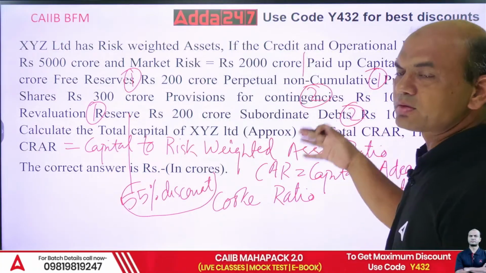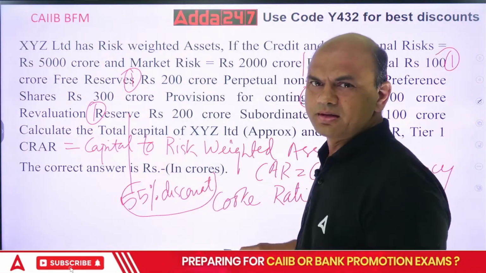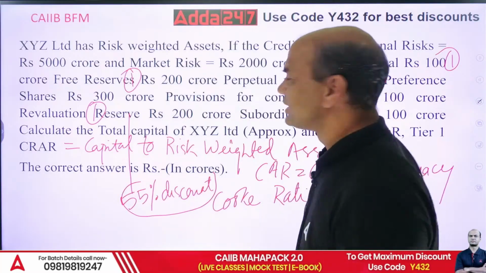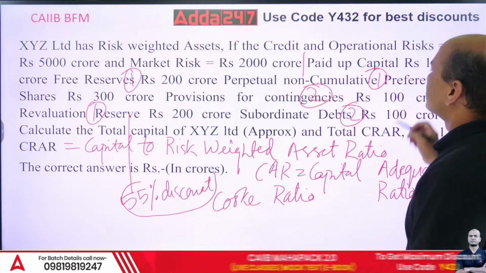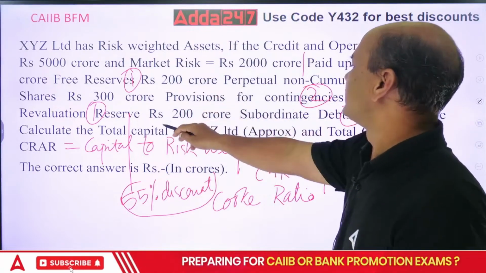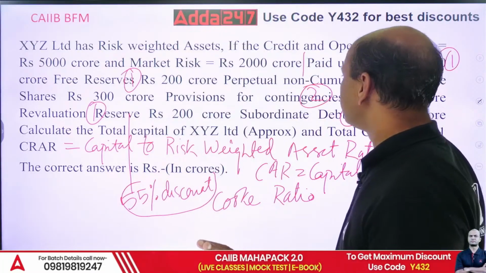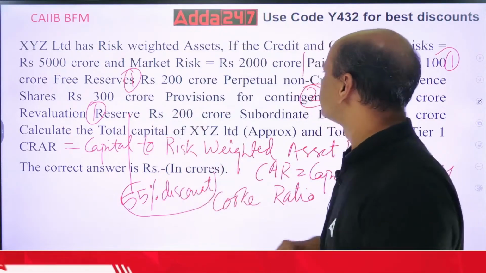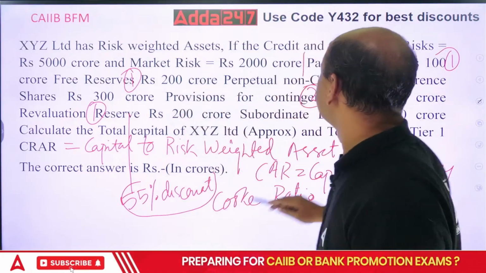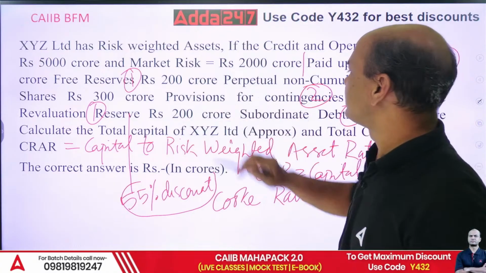So now let's calculate tier 1 capital first. Let's solve the problem simply, as simple as possible. So tier 1, what was tier 1? 1, 1, 1 and 1. This also 1. So how many ones are there? This will have to make some adjustments. So it is 100 plus 200 plus 300.